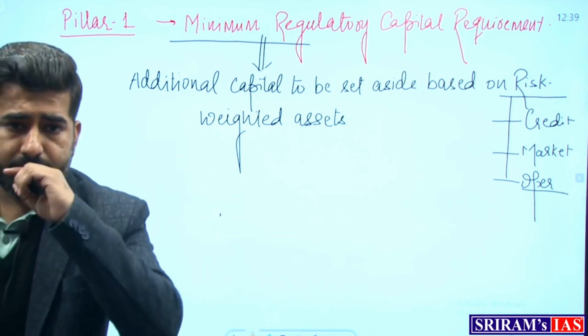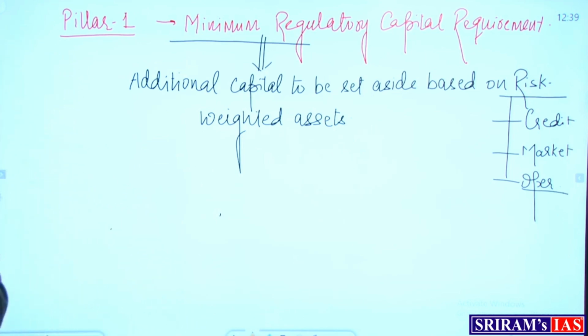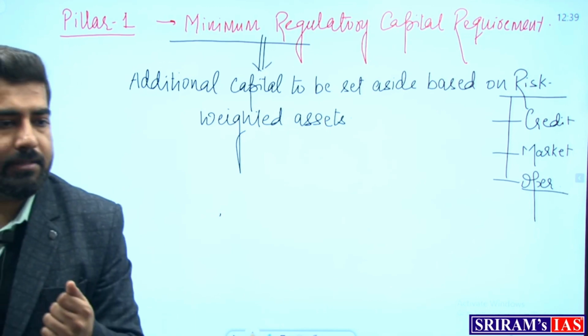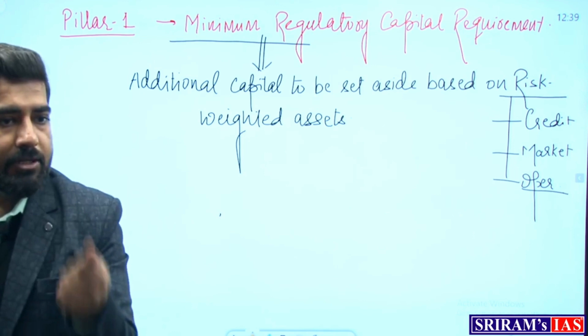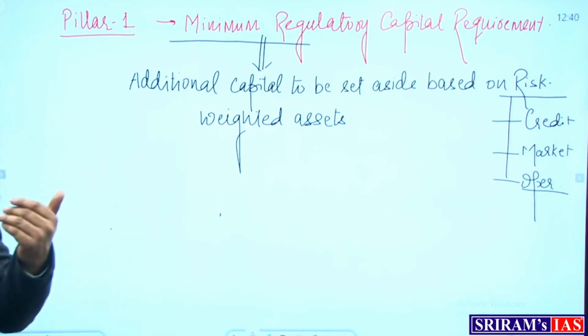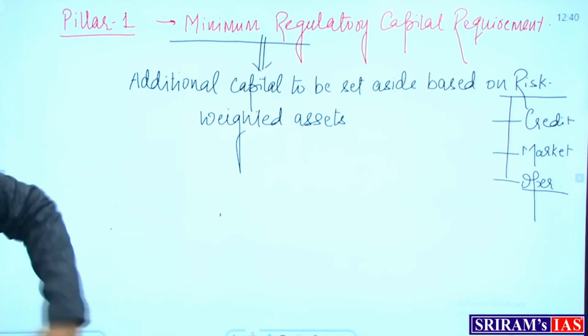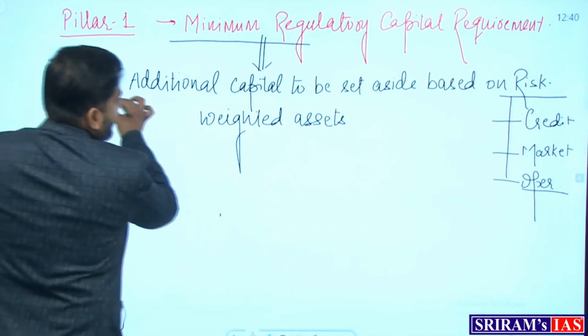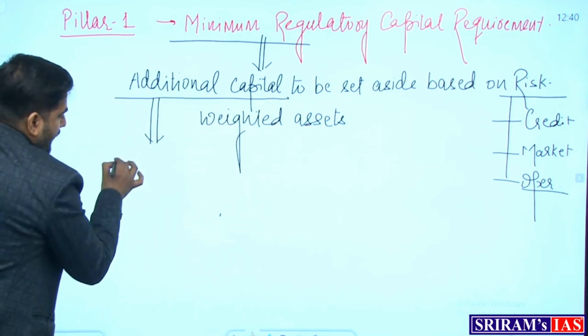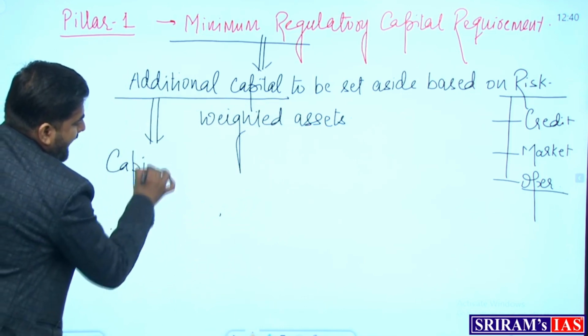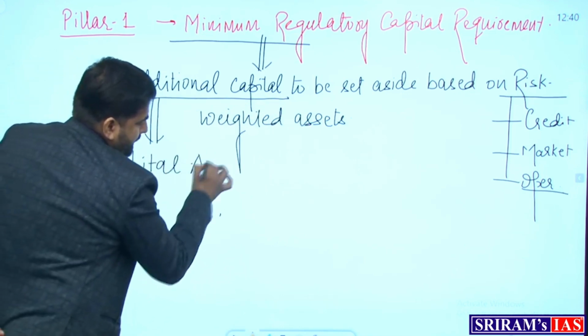Because if it has become an NPA, is there a higher chance of repayment or lower chance? Lower chance means high risk, that asset has become high risky. So thereby more capital has to be set aside. And how much capital to be set aside is determined through a concept known as capital adequacy ratio.